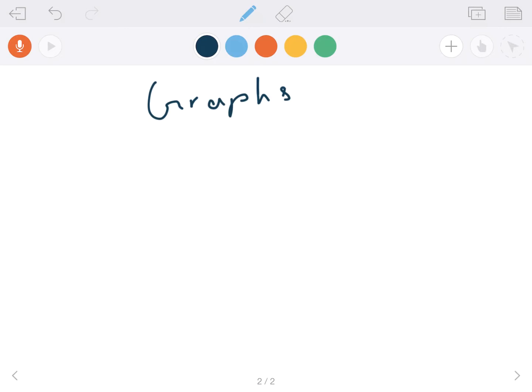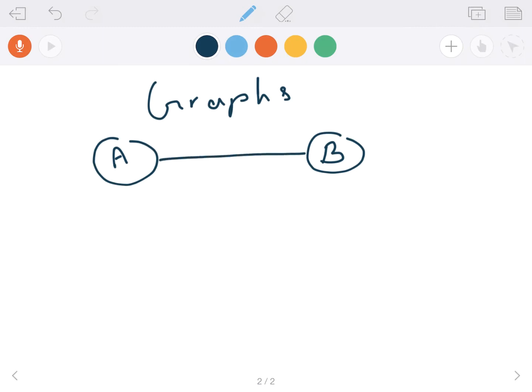So far we learned about trees, different types of trees such as binary search trees and also AVL trees. And we learned that trees contain vertices and edges. A graph also contains vertices and a set of edges. So assume that we have a node or a vertex A and another vertex or node B. So this is a set of our vertices and an edge that connects these two nodes to each other.